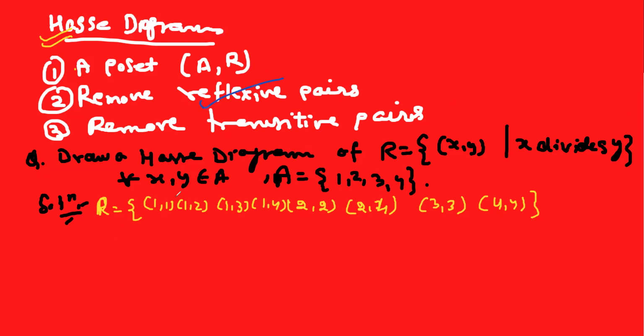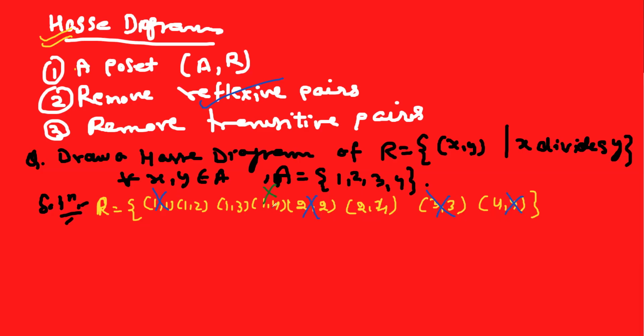Remove reflexive pairs. Understood? Now remove transitive pairs. How will you check a transitive pair? 1 is related with 2, 2 is related with 4.